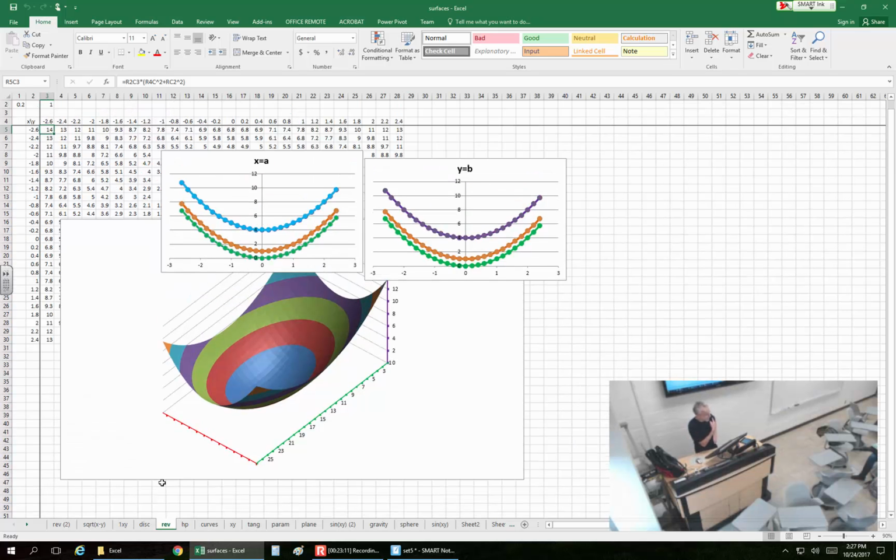Okay, so that's a paraboloid. It's exactly that. If you look at the formula right here, it is x squared plus y squared. And that's exactly what Excel does. The domain is always a rectangle. So you actually have to figure out what the graph looks like if you want to cut it vertically, or if you try to change the domain from this rectangle to something else.